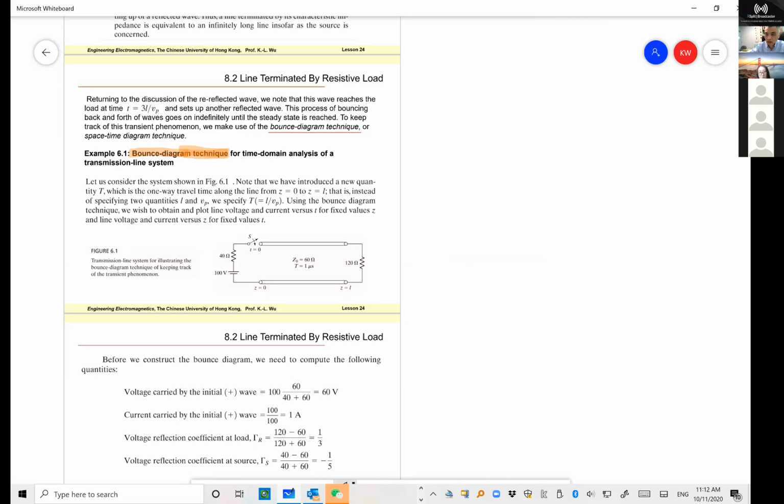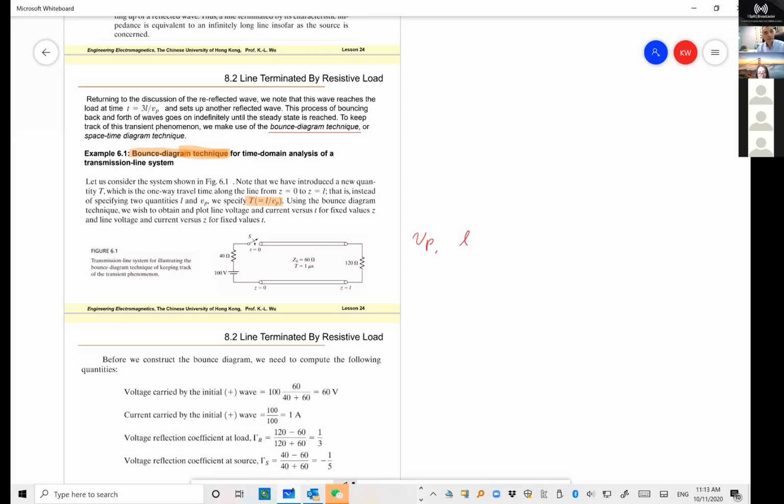We use this technique to do the time domain analysis. What is the general concept? Before we talk about this, let's simplify our analysis. We don't define the velocity and the absolute length, because we use one simple symbol.